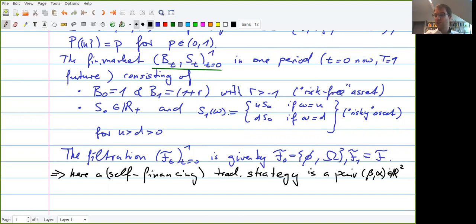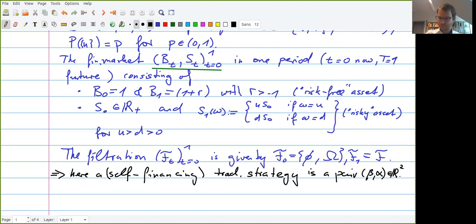You can check that this is exactly what the definitions from last lecture give us in this setting. Because with just one time step, and the filtration at time 0 being the trivial sigma algebra, this pair has to be measurable with respect to F0, so they have to be constant.